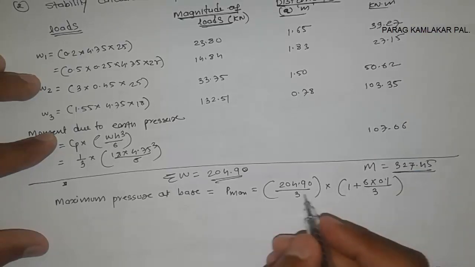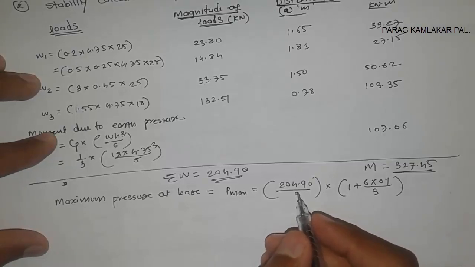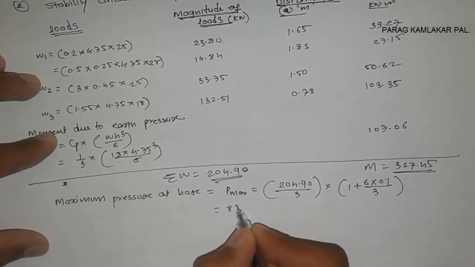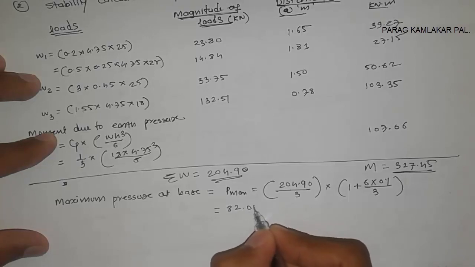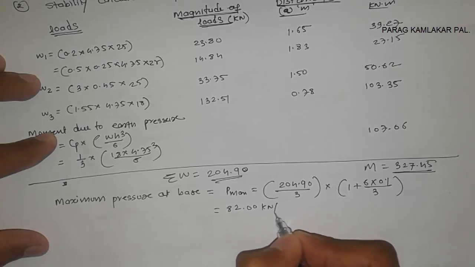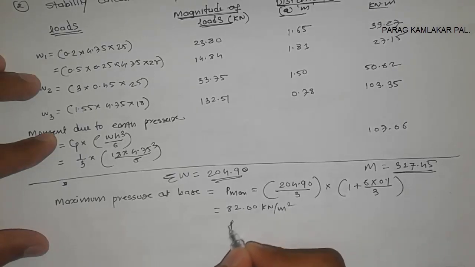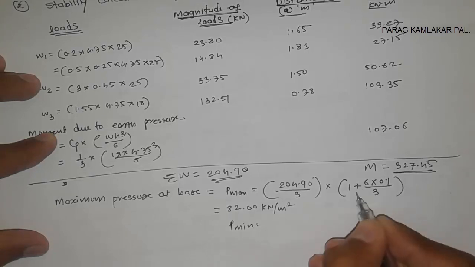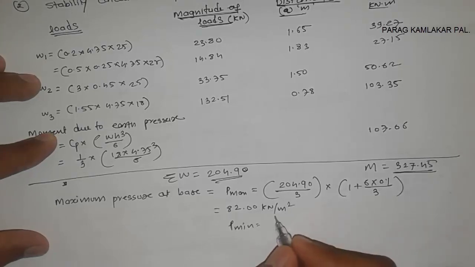So we get P max equals 82.00 kilonewton per meter square, and P minimum, with the plus changed to minus, is 55 kilonewton per meter square.